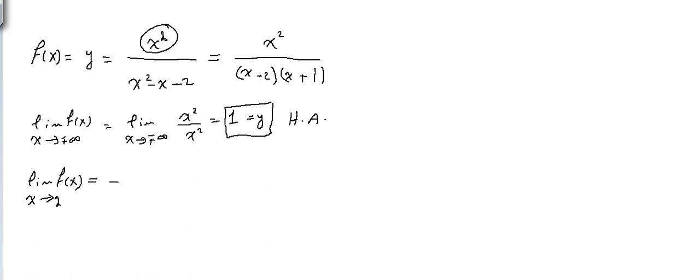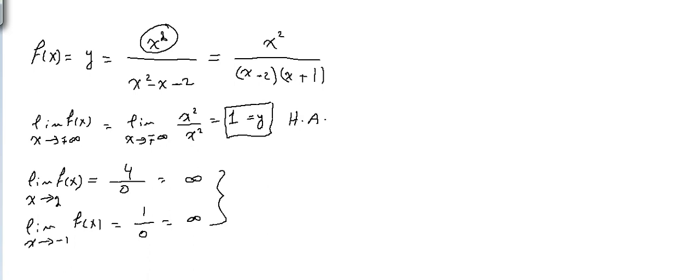That makes the denominator 0, right? 4 over 0 is infinity, and the limit of f of x as x approaches minus 1 is also equal to 1 over 0, and that is also infinity. In these both cases, the first one gives me x equal 2 is a vertical asymptote, and here x equal minus 1 is a vertical asymptote. And I will do it in another video.